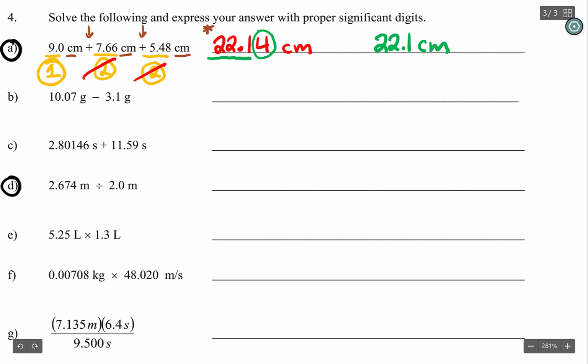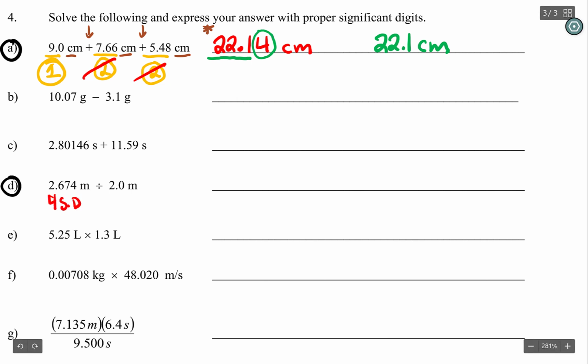For question D, I'm dealing with division. Now the rules are different. I don't have to have the same unit, first of all. And the second thing is, it's not the number of decimal places, but the number of significant digits in the number that matters. So for our first number here, this is 4 significant digits.